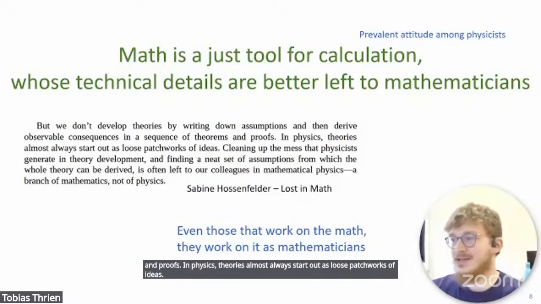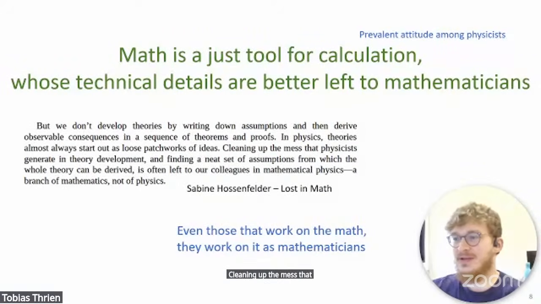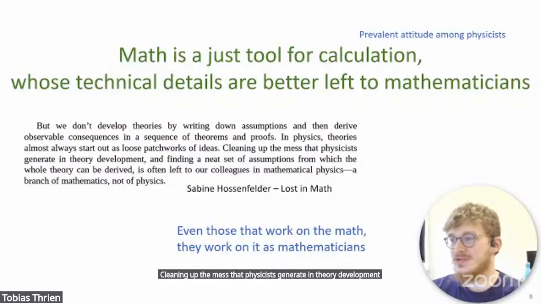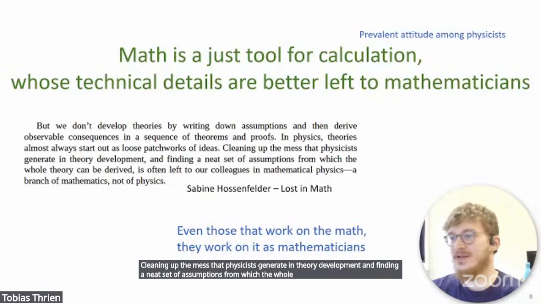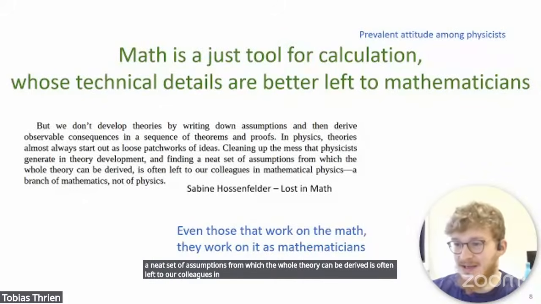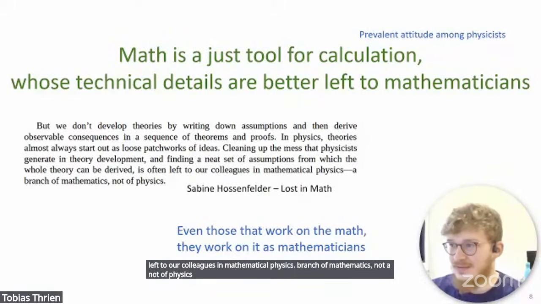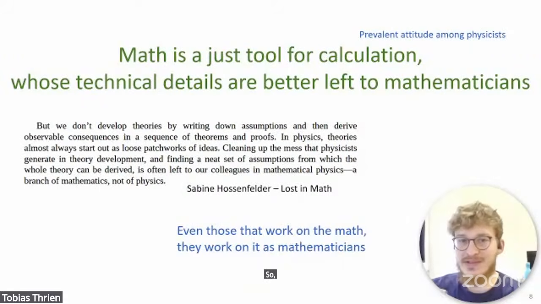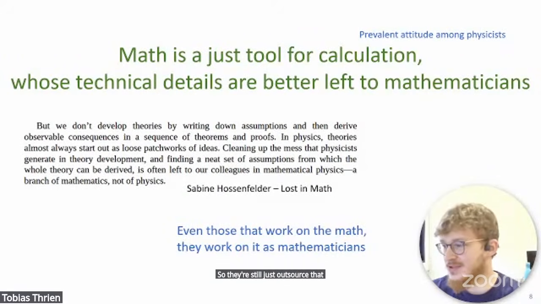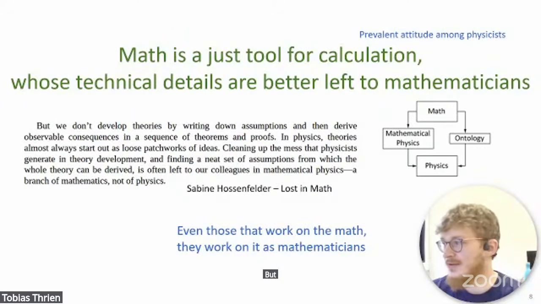Cleaning up the mess that physicists generate in theory development and finding a neat set of assumptions from which the whole theory can be derived is often left to our colleagues in mathematical physics, a branch of mathematics, not of physics." So they still just outsource that to the mathematicians, but they're not physicists.